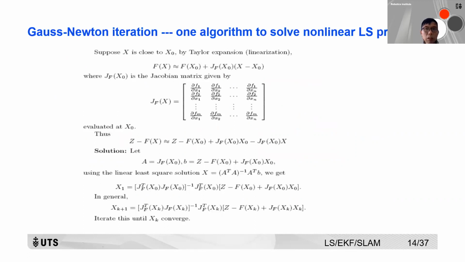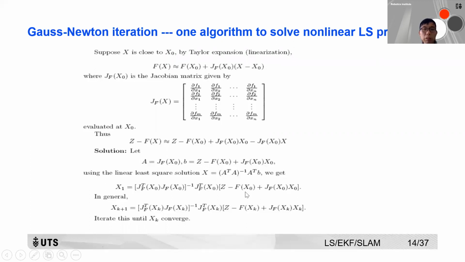And for this nonlinear least square problem, one method is called Gauss-Newton iteration. And the Gauss-Newton iteration is obtained by performing linearization, or the first order Taylor expansion. So we approximate the nonlinear function using a linear function. And then we can change the original problem into a linear problem. This X is the variable. Then we can use the solution from the linear least square.